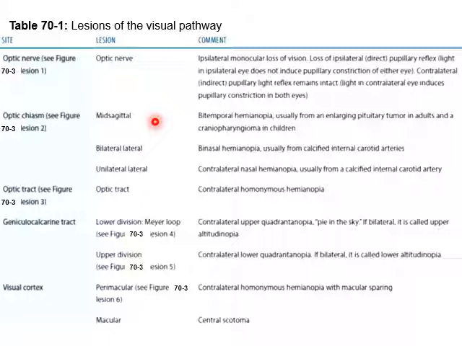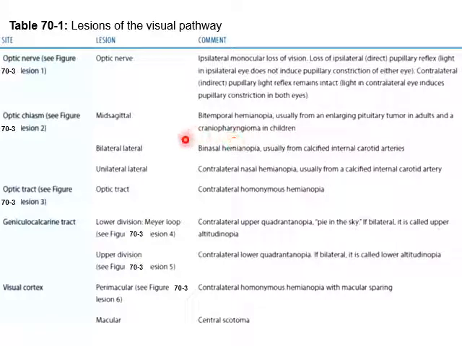The fibers that are crossing at the midline are damaged, and these fibers that cross at the midline are nasal fibers that carry the vision from the temporal halves of both eyes. So you'll get bitemporal hemianopia. The causes for this optic chiasm mid-sagittal lesion could be a pituitary tumor in the adult or a craniopharyngioma tumor in the children.